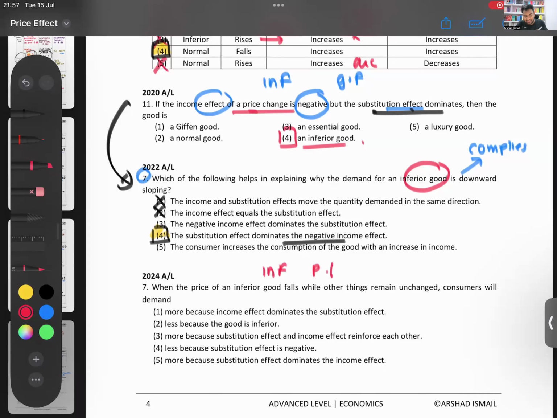Inferior, price comes down. Look at the price effect below. Inferior good, if the price comes down, what happens to QD? Will consumers demand for more or will consumers demand for less? Look at the price effect. In your tute, look at the box. And then, why is that? Is it because what effect is dominating what?